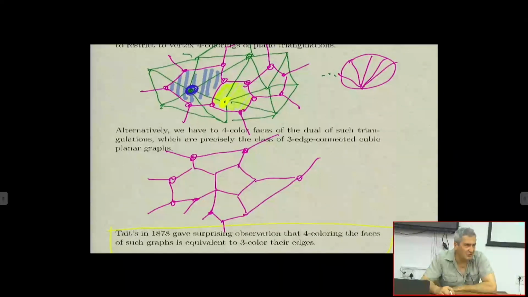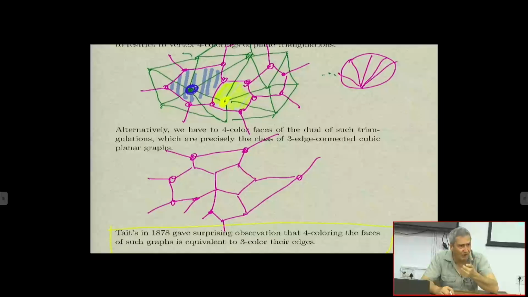Yes, we can use it because we had a reduction before. In the original graph, we proved that we don't have a three-cycle. And what does this mean in the dual?